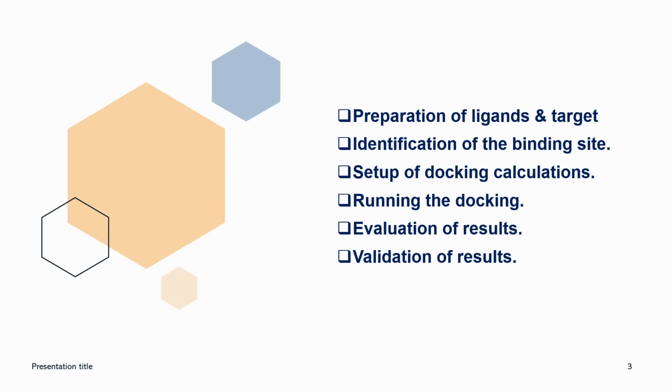So here comes the main point. Listen carefully. If you have pen and paper, write it down because it will be very helpful for you when revising. In the drug design process, or CADD, computer-aided drug design, we have five major steps. The first step is the preparation of the ligand molecules and the preparation of the target molecules.